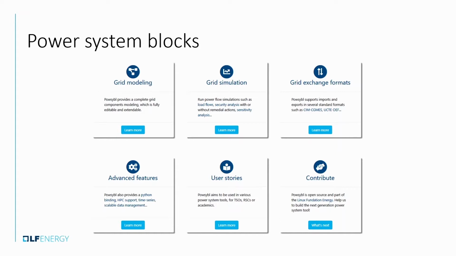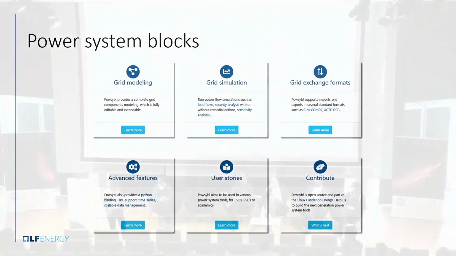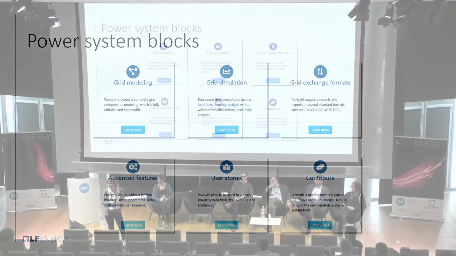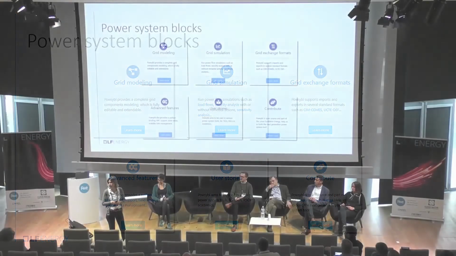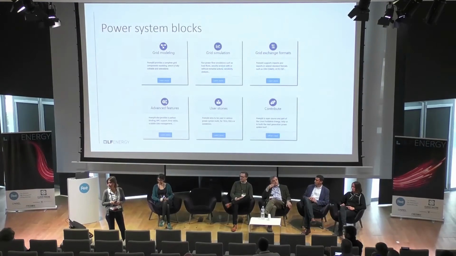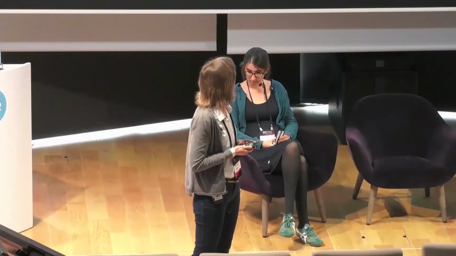And as I said before, it is fully editable and extendable. For example, we provide transformers modeling, and you can extend it with almost whatever you want, for example, the brand, the year of building, something like that.